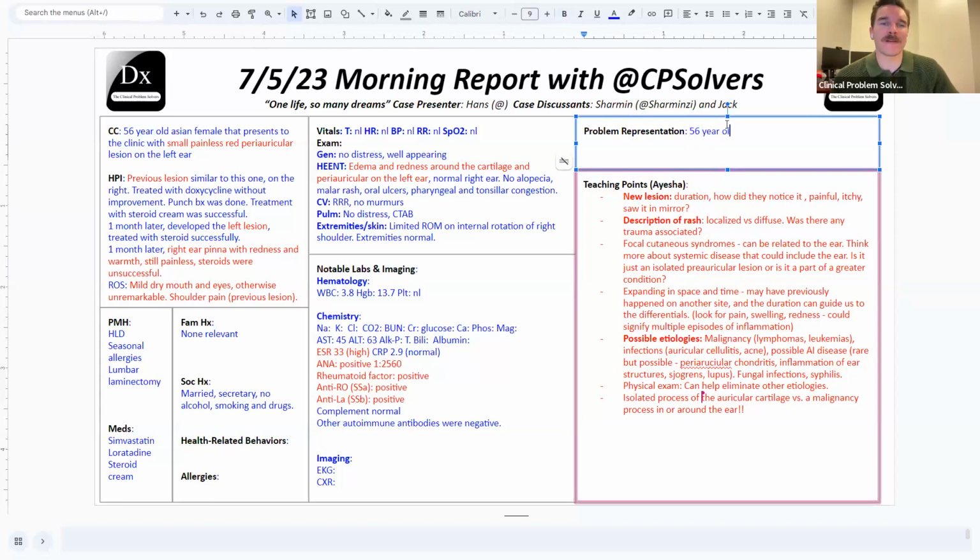ANA oftentimes is used as a screening test to evaluate for the possibility of an underlying connective tissue disease, most commonly lupus, but there's a number of other ANA positive diseases out there, including Sjogren's syndrome, as well as mixed connective tissue disease, scleroderma, or systemic sclerosis. And so that is sort of a screening test here, and that's positive.